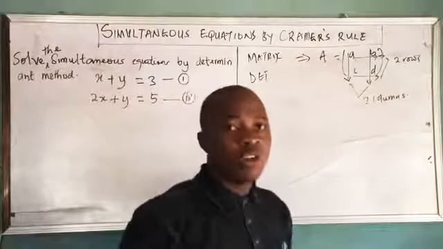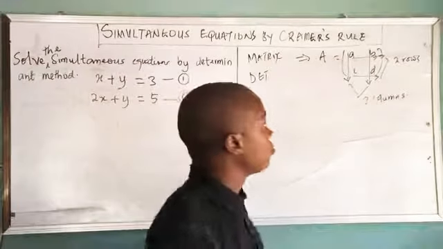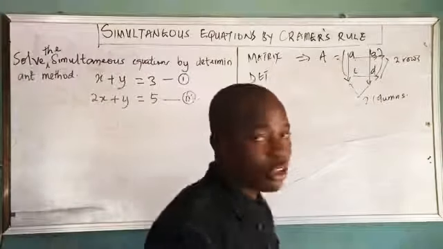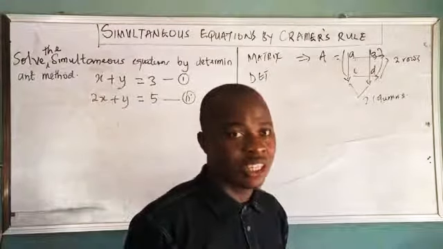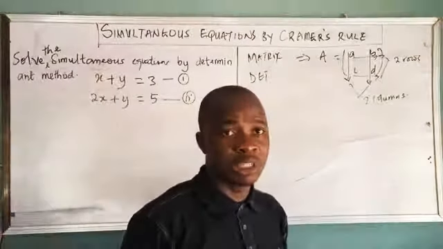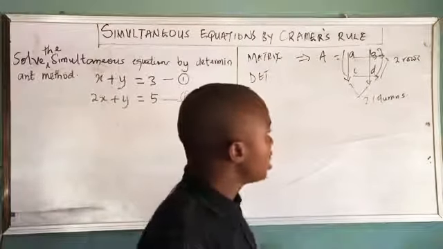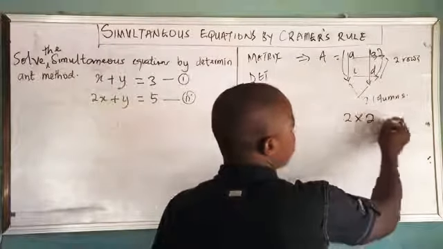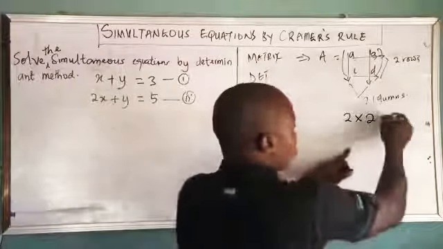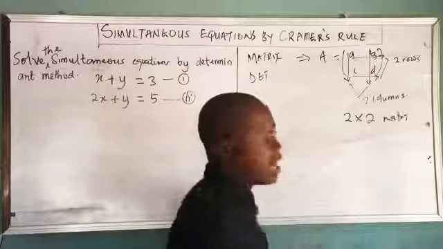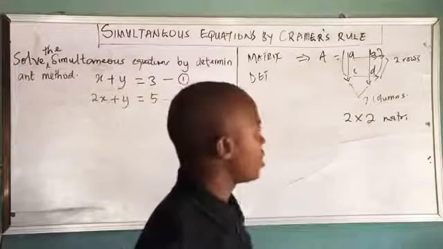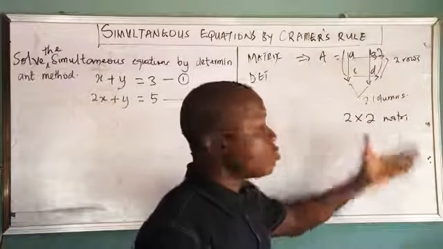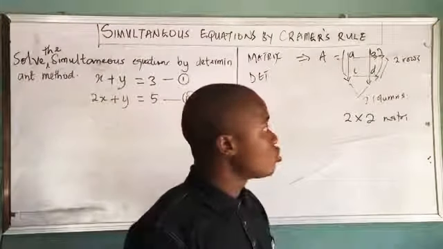So there are a lot of matrices. It depends on how you arrange your matrix, understand? It can be 3 by 3, it can be 3 by 2. Just know that this one is 2 times 2, a 2 by 2 matrix, and this is called the order of the matrix.